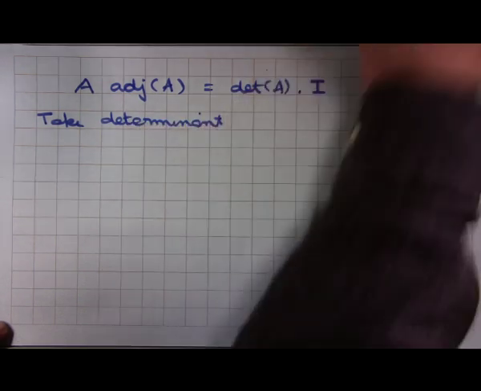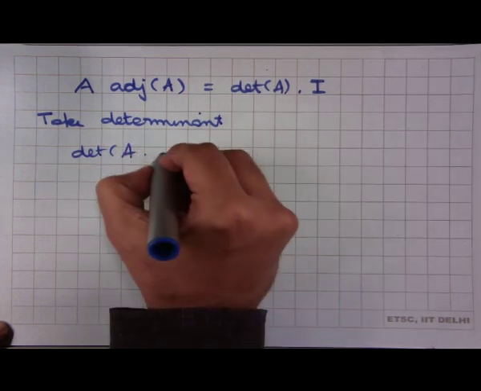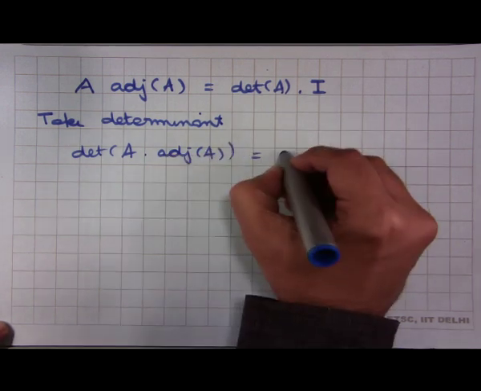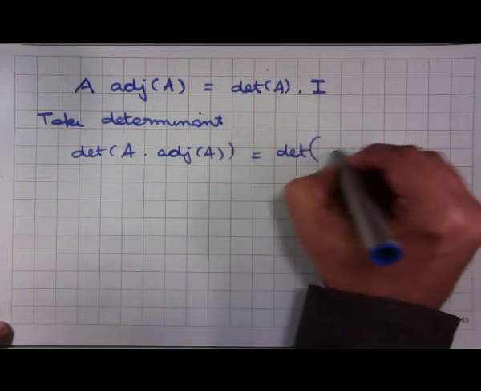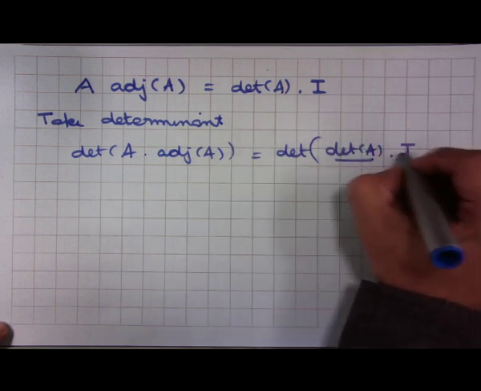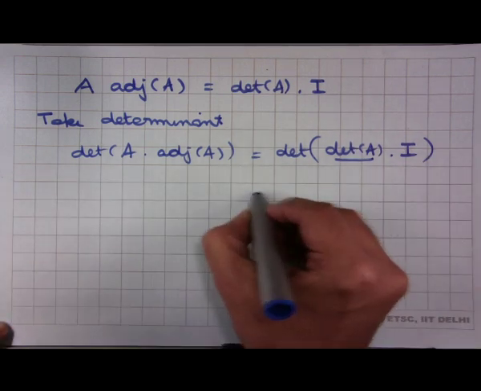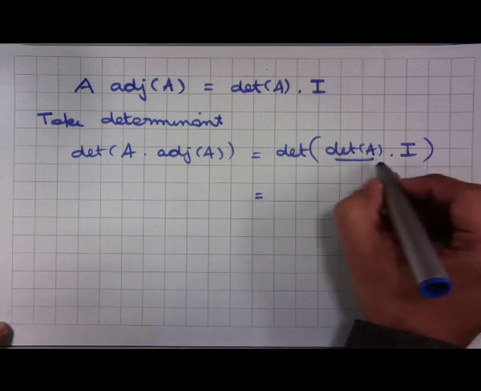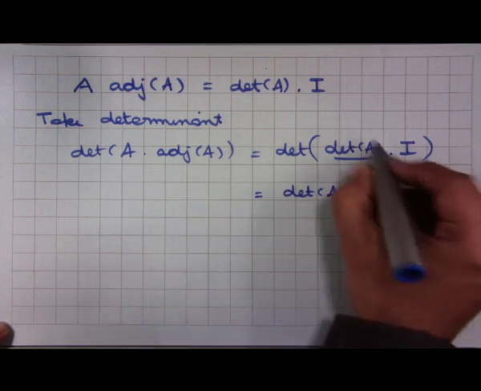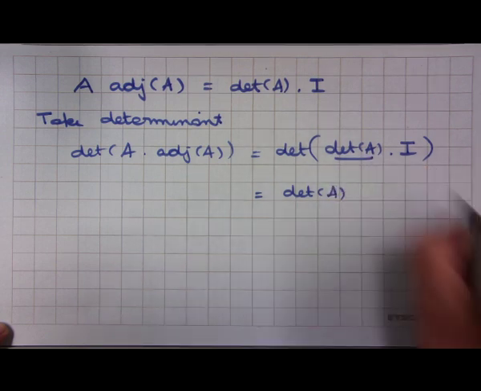The determinant of A times adjoint of A is going to be the determinant of A, which remember is just a scalar, times an identity. So, in the 3 by 3 case, the right hand side is going to be just determinant of A cube, because this matrix is nothing but the diagonal matrix with the determinant of A in the diagonals 3 times.